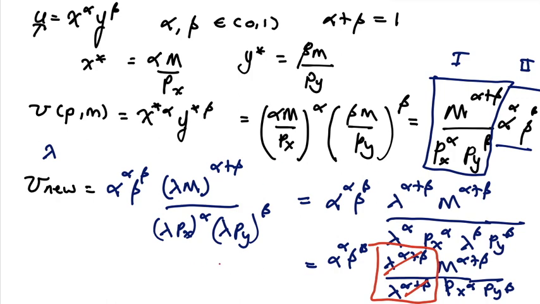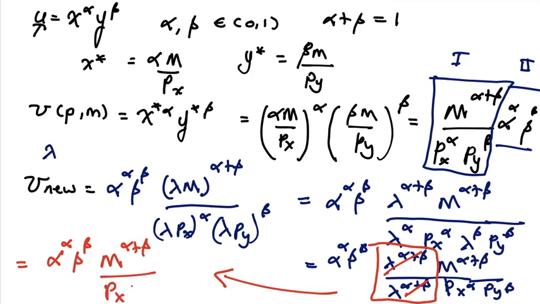So basically, if I rewrite it again here, because I don't have enough space, then we have alpha to the power of alpha, beta to the power of beta, times m to the power of alpha plus beta over px to the power of alpha, py to the power of beta.